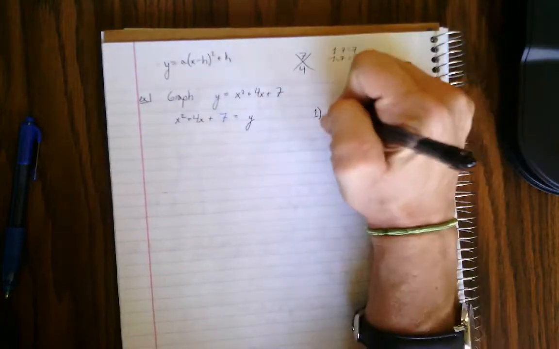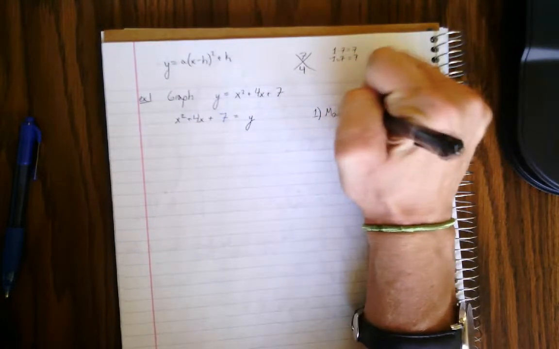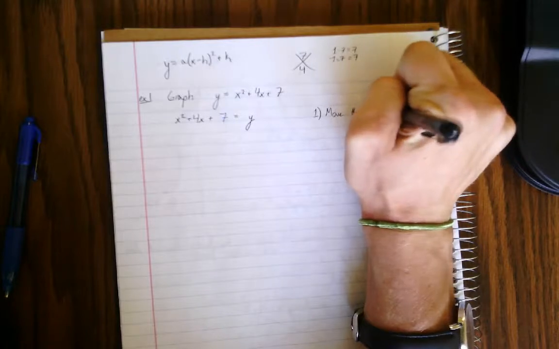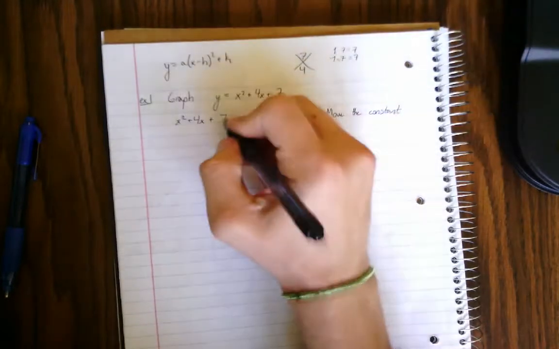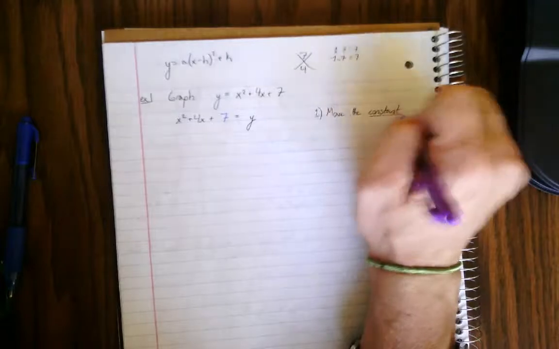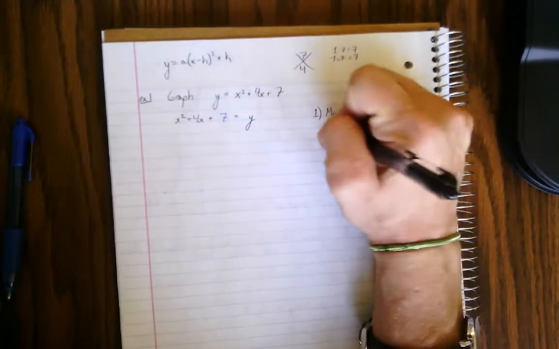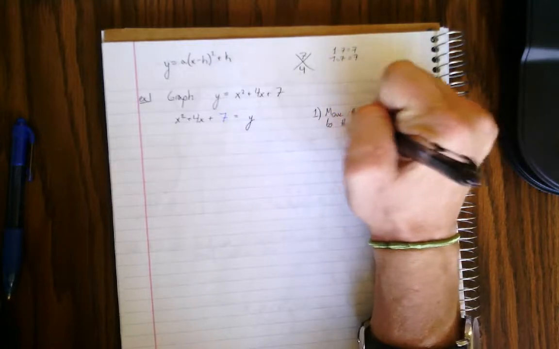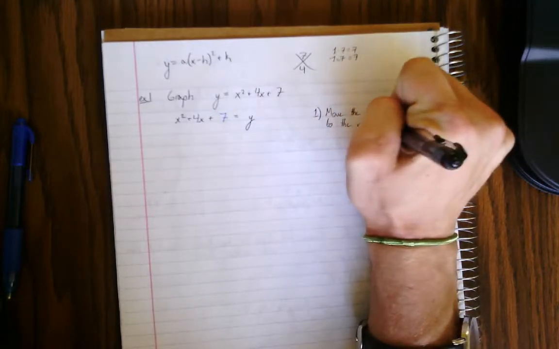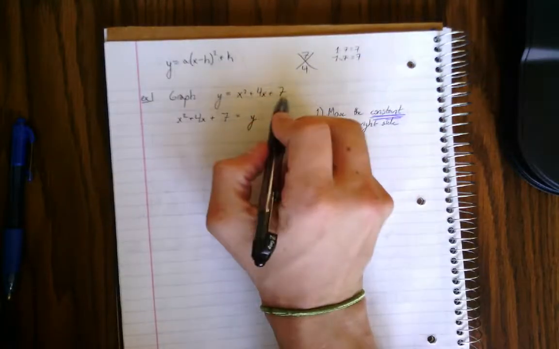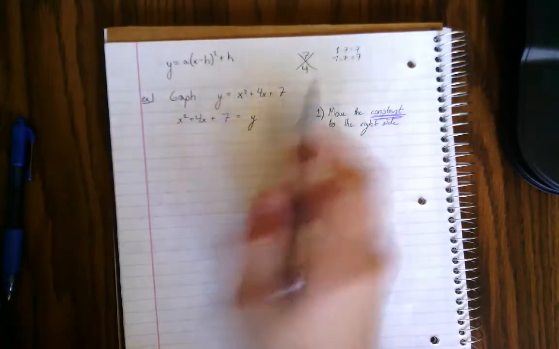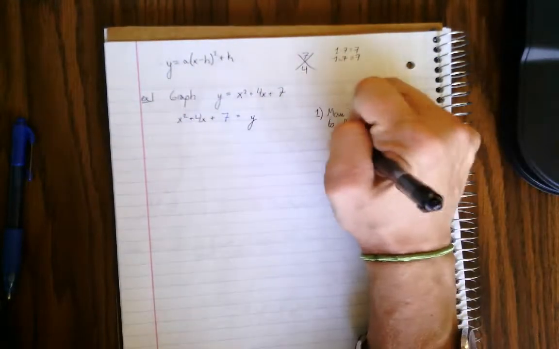We're going to move the constant. So this is our constant. I'm even going to underline it in purple so we can see that that is our constant, to the right side. Basically, we want the x terms alone.